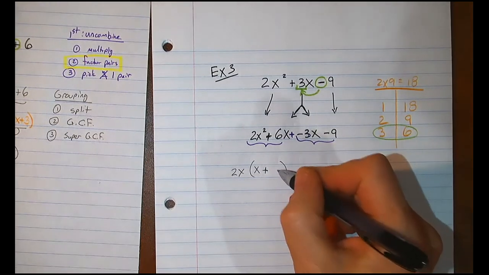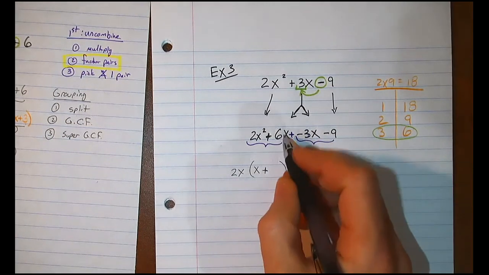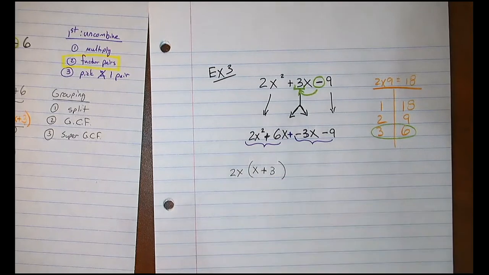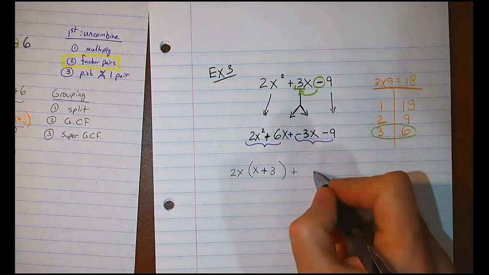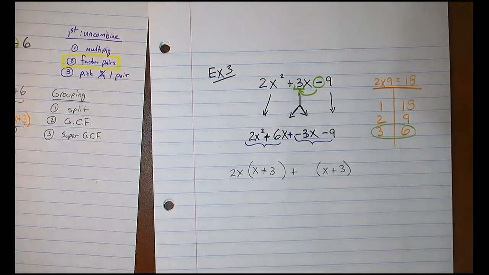Okay, for the other spot, what times 2x equals 6x? Well, 2 times 3 equals 6. And I already have an x, so it must have just been a 3. I didn't need another 3. So there's that piece. Okay, plus sign comes down in the middle. Now for this part, I'm going to use the trick that says the stuff in parentheses has to be the same.